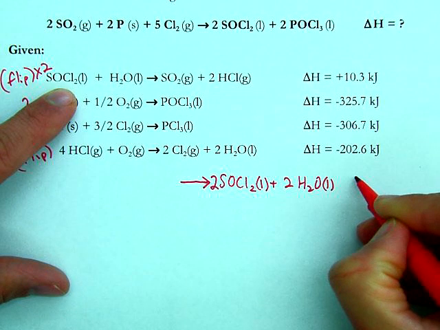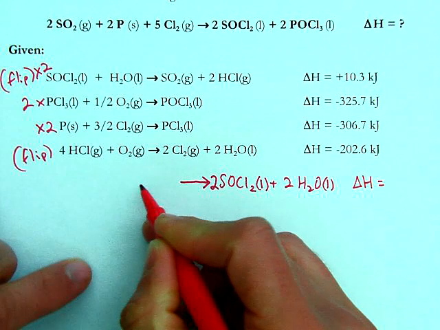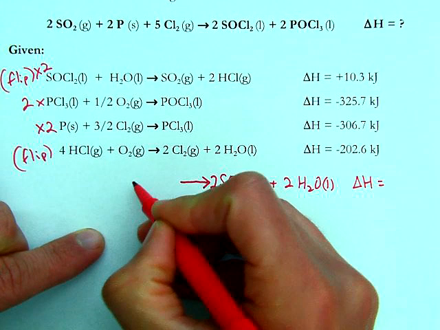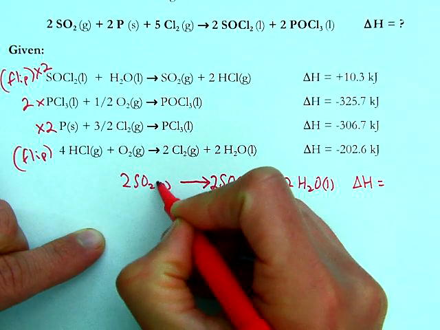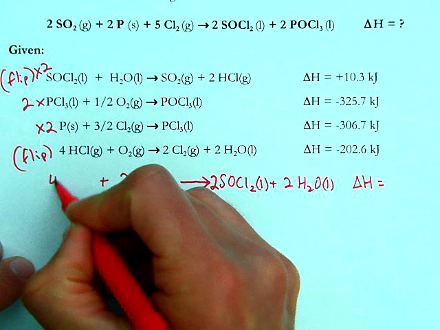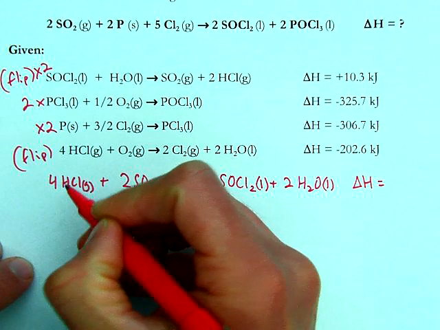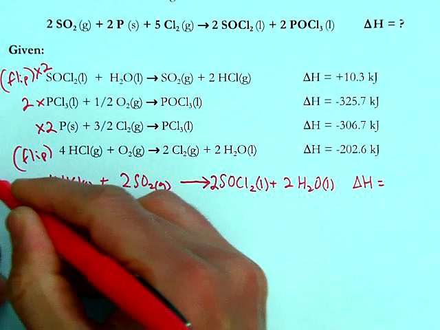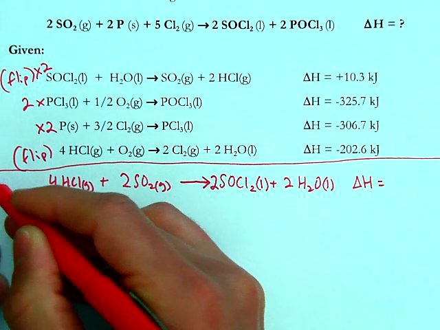And here I'm going to have a delta H. On this side, it would be 2 SO2s and 4 HCl. I'm just trying to separate stuff a little bit here.